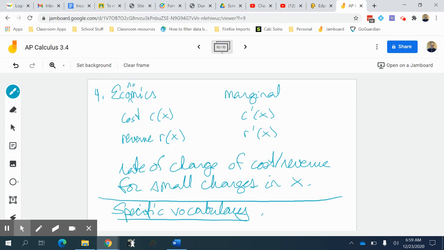They won't necessarily say find the derivative of. If they're an economist, for example, they'll start talking about marginals, and it is on you to know what that means when it comes up.